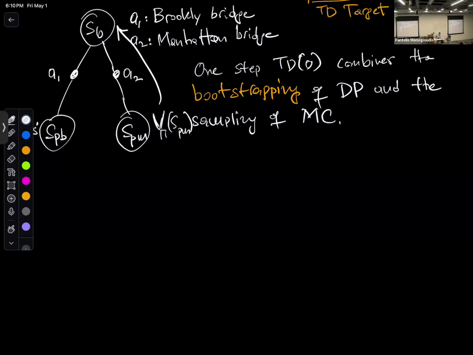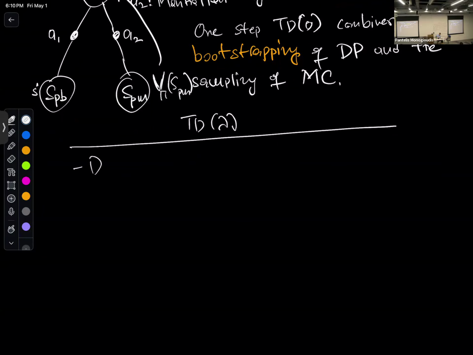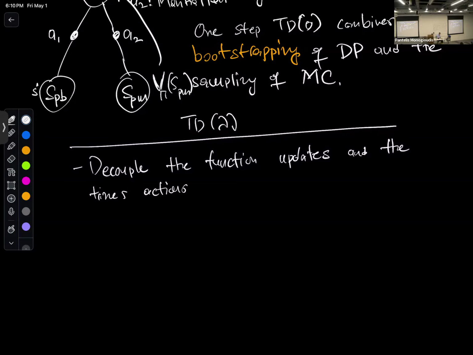What we want to do now with the so-called TD of lambda is to decouple the function updates and the times functions are taken.